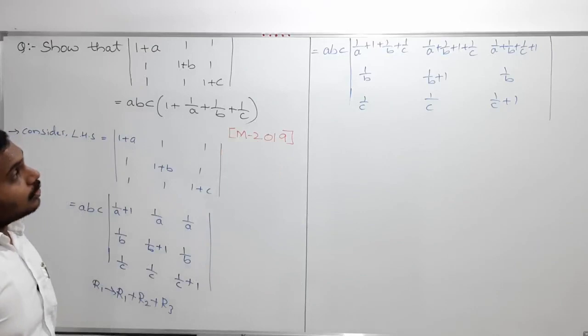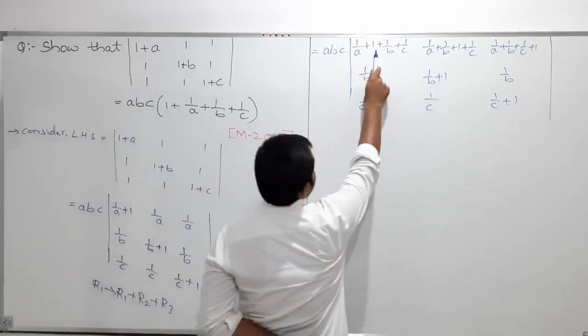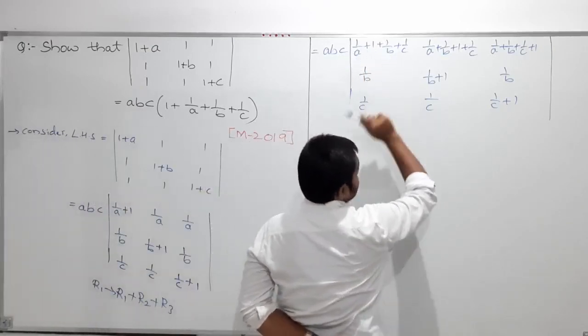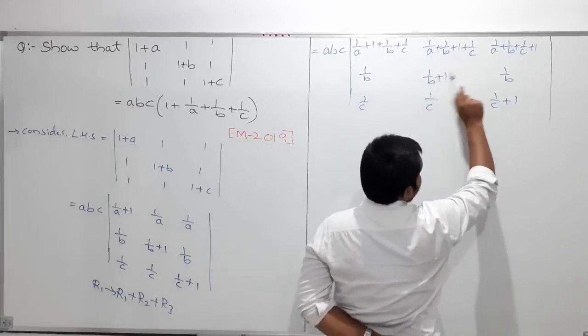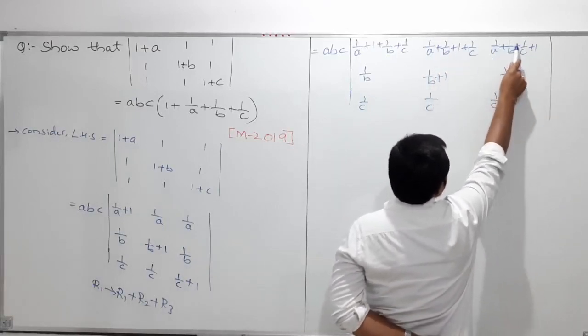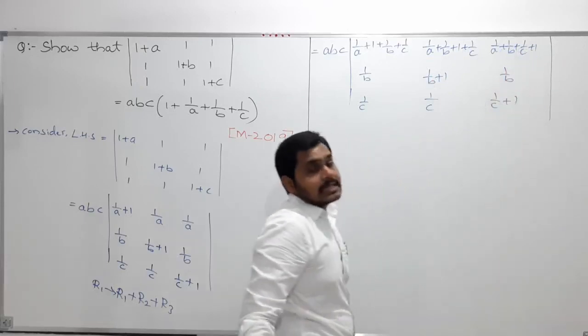Clear? So now what I do, my dear students? Here also 1 plus 1 by a plus 1 by b plus 1 by c is there. Here also, 1 plus 1 by a plus 1 by b plus 1 by c is there. Here also, 1 plus 1 by a plus 1 by b plus 1 by c is there.